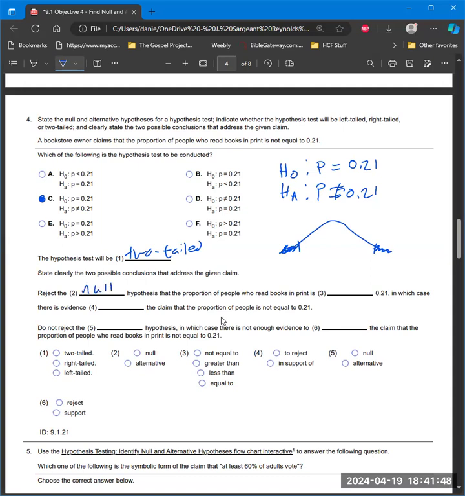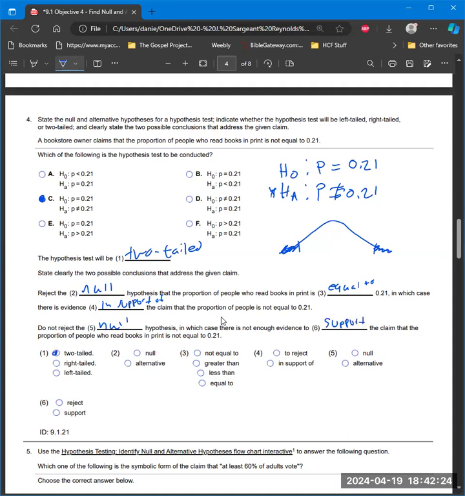So we can reject the null hypothesis. The proportion of people that read books in print is equal to, finally I agree with them, in which case there is evidence in support of the claim that the proportion of people is not equal to 0.21, or we do not reject the null hypothesis, in which case there's not enough evidence to support the claim.